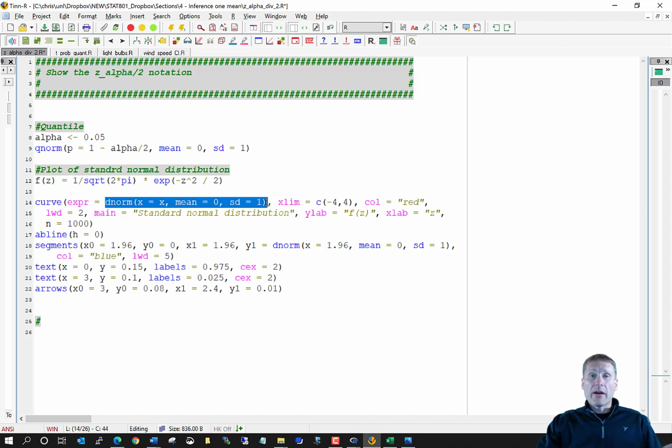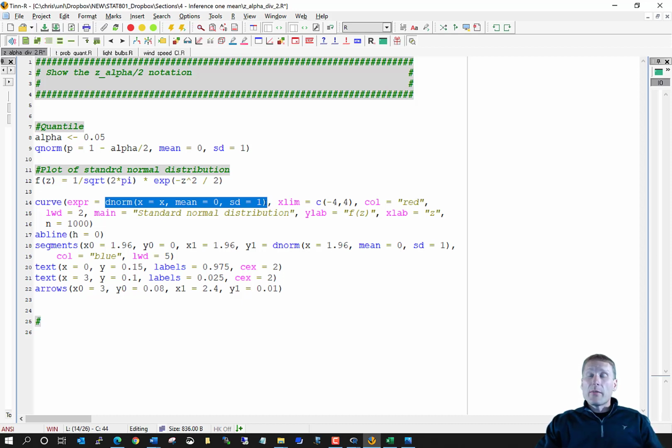Puts in 101 values, and then simply joins the corresponding f of x values on a plot with straight lines. Now, for some curves, you won't notice the fact that straight lines are drawing all those points.